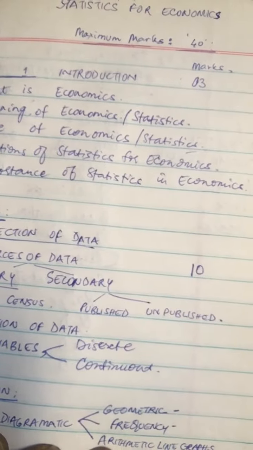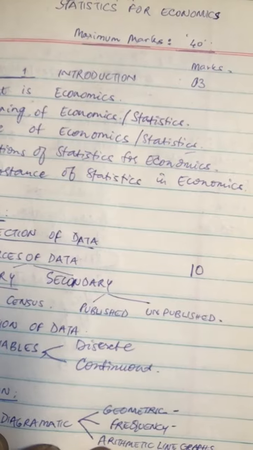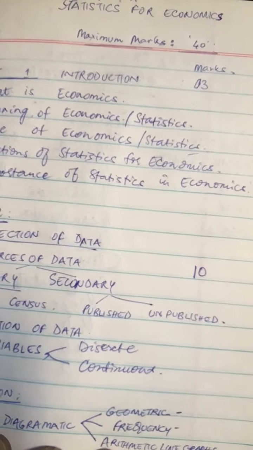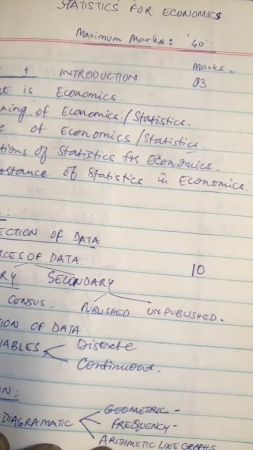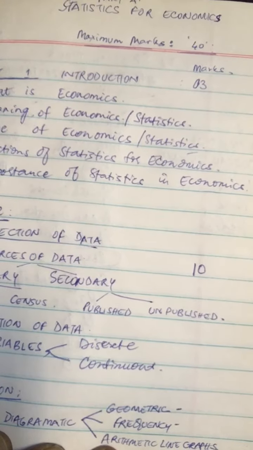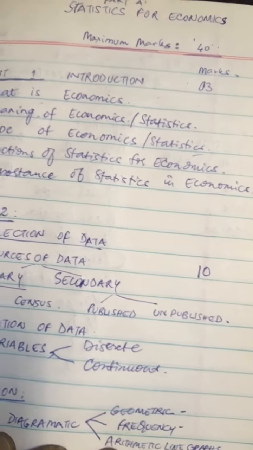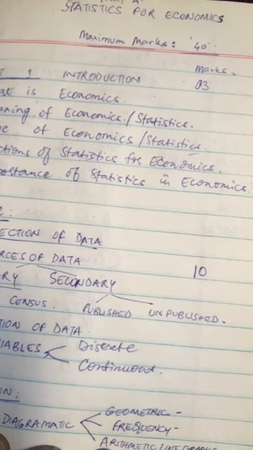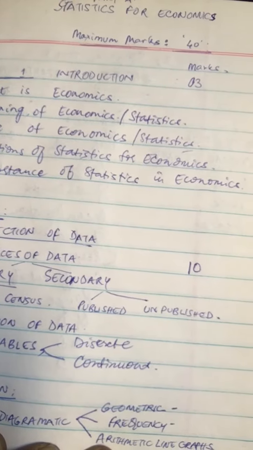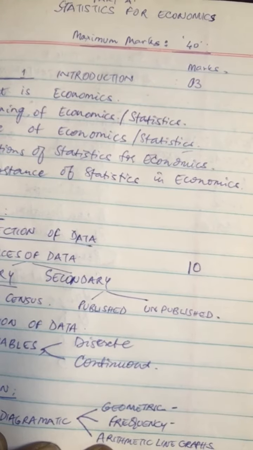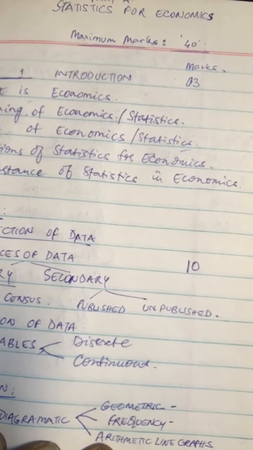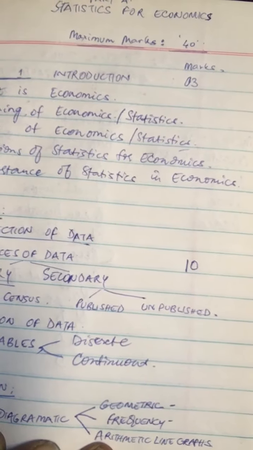Then in the form of diagrams, geometric forms: pie diagrams, bar diagrams, percentage bar diagrams. And then frequency diagrams, histogram, polygon, ogive, then arithmetic line graphs, time series graphs, etc.